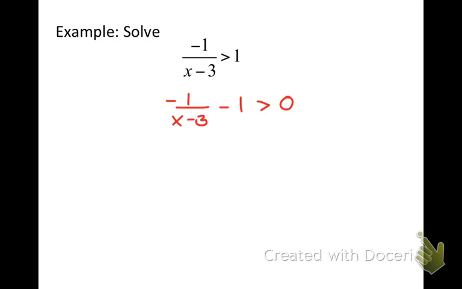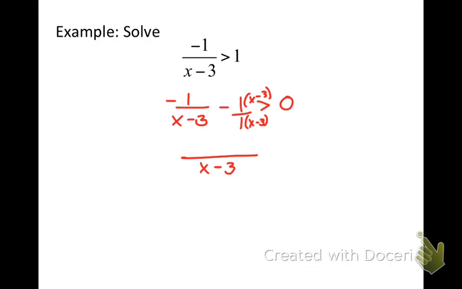Now I have to finish the rest of step 1 by turning this into a single fraction, which means I need to make a common denominator. Right now that 1 has a denominator of 1. So what else does this need so that it's the same as the first one? Another x minus 3, so I'm going to multiply it by x minus 3. Now my common denominator is x minus 3.